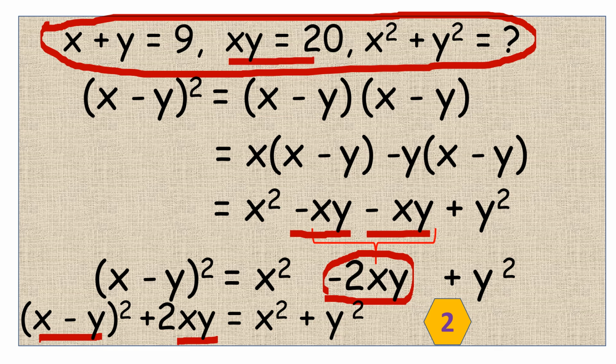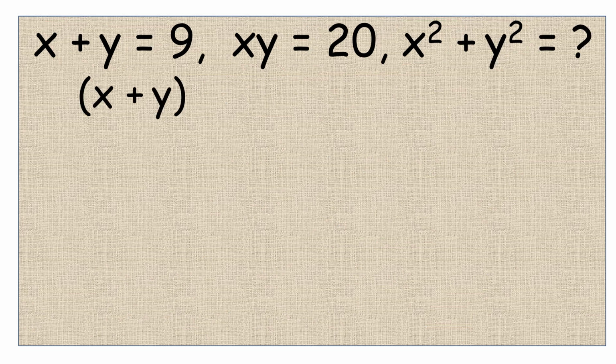But since there's one unknown and then the other one is known, we cannot fully solve this equation using this expression. But the reason why we are running through this is because some other question may require that our x minus y may be 9 or may be another term, and that will make this equation 2 applicable.